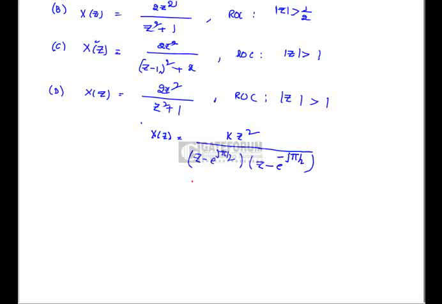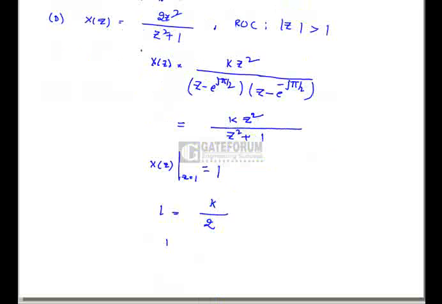From this one, if we simplify, we will get z square plus 1, that is k z square. From the given data, we know that x of z at z equals 1 equals 1. If we solve, k by 2, that is k equals 2. So from this one, 2z square by z square plus 1.